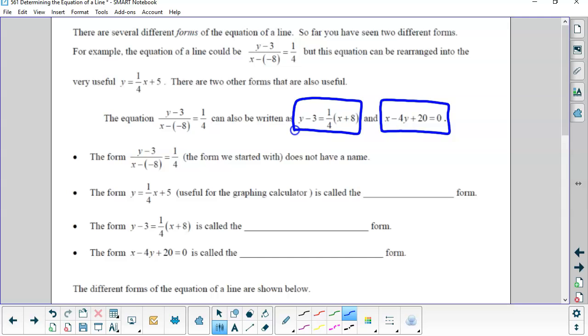The original form doesn't have a name. This form that we just talked about, okay, that's best when you're graphing on a calculator or on paper, is called the slope y-intercept form.